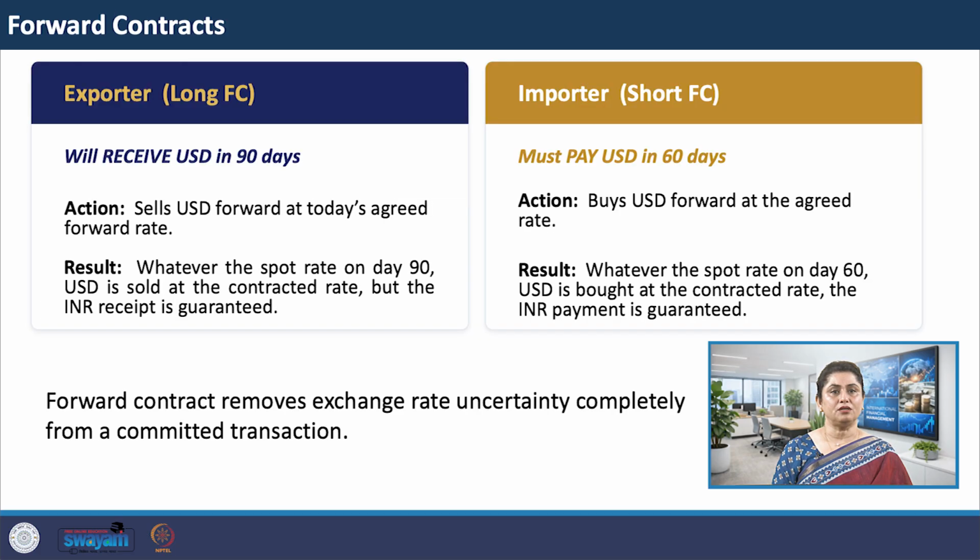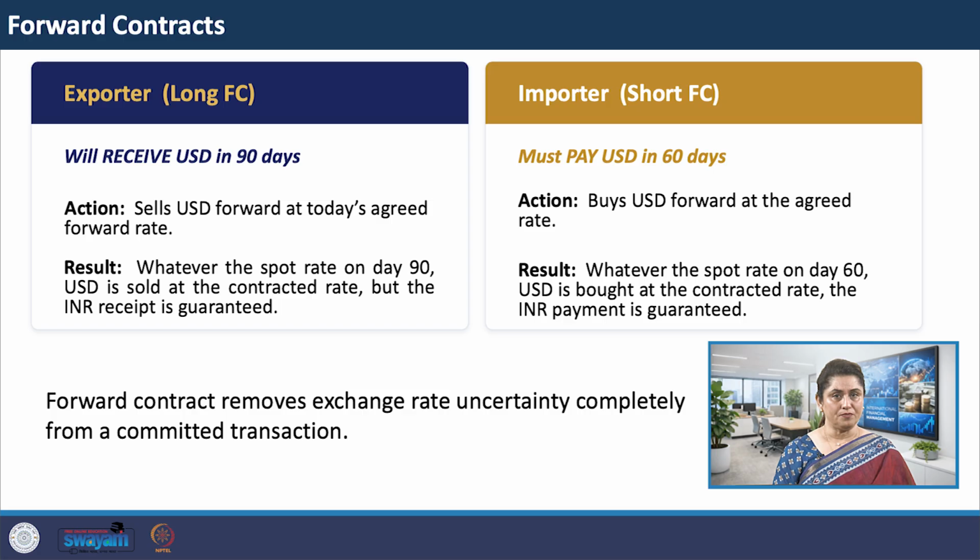For an exporter who is long foreign currency, you know you will receive USD in 90 days. You enter into a forward contract to sell USD forward at today's agreed forward rate. No matter what the spot rate is on day 90, you will sell at the contracted rate. Your INR receipt is guaranteed.